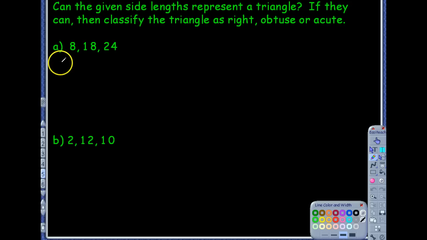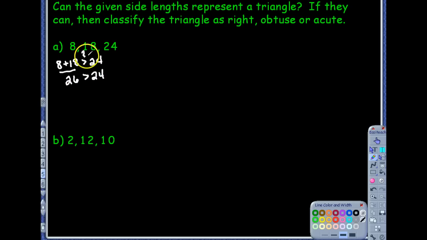Right. We know that the sum of any two sides has to be greater than the third. So if I add any two sides together, they have to be greater than the third. So like on this one, the 8 and the 18 has to be greater than the 24, but we don't know for sure until we do it. So 8 and 18 is what, 26? So that's greater than 24.